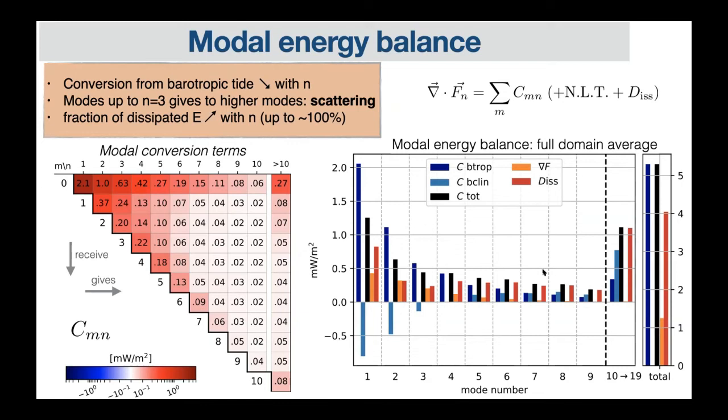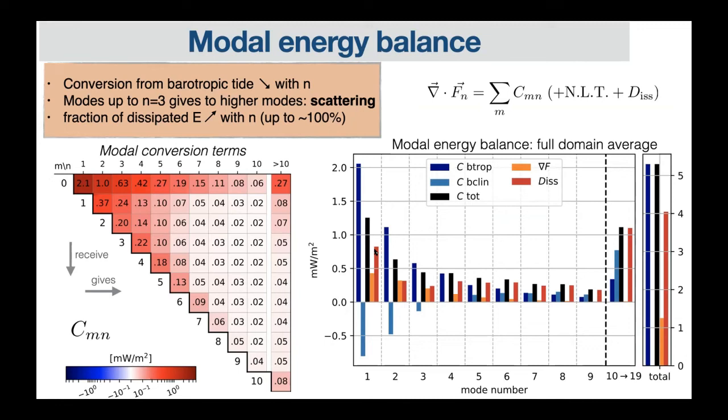And you also see that if you look at high modes, the total conversion, the total input of energy, is roughly the same as the dissipation, right? So you have more or less 100% of the energy that is injected into these high modes being dissipated. And this fraction is actually smaller for the low modes.